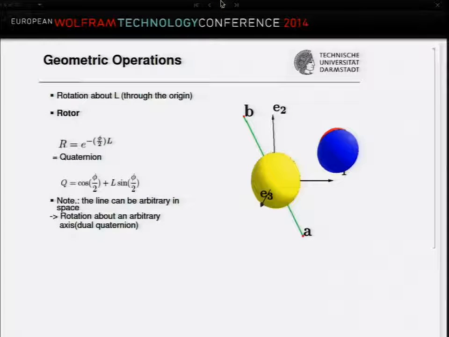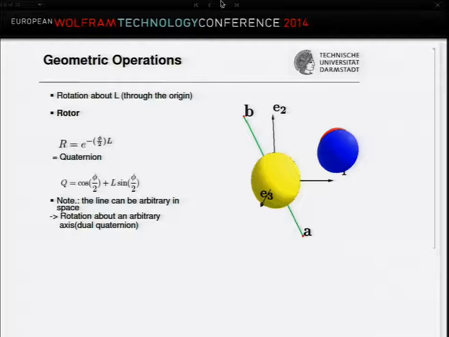And also some geometric operations like rotations can be expressed very easily. For instance, if you have a line called L in this example, then this exponential already describes the rotation about this line with a specific angle phi.